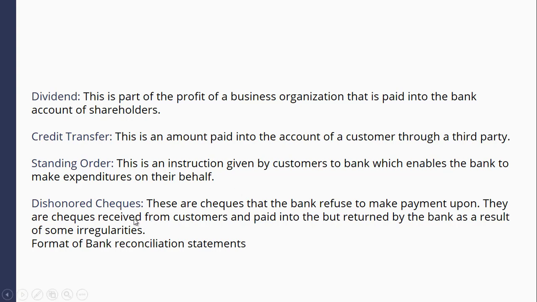The next cause of difference is what we call bank charges. Bank charges are deductions made by the bank for service rendered to the customer. Banks are operating to make profits. So for rendering services to customers, they charge customers. And those deductions are called bank charges.